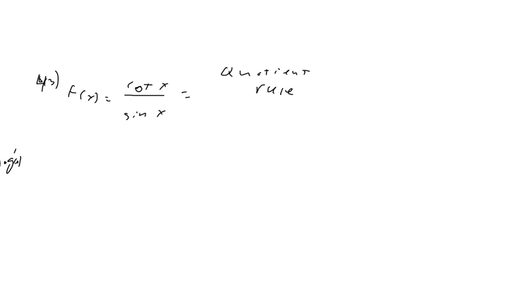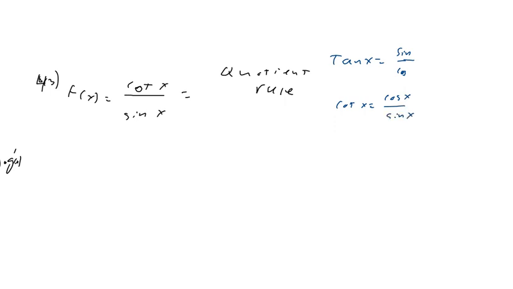We know that, for example, the tangent of x is the sine over the cosine. If we recall the definition of tangent, it was sine over cosine. Cotangent of x is the cosine over the sine. Cotangent is the reciprocal of tangent.